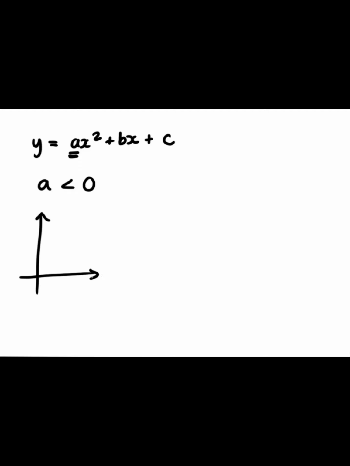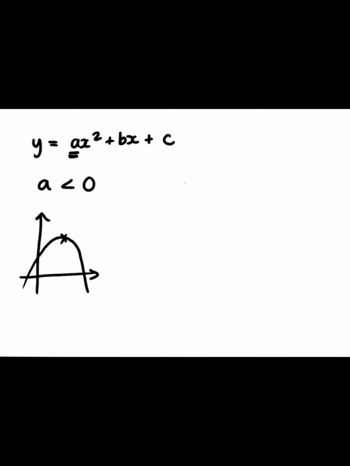So for a graph in the general form, for example y equals ax squared plus bx plus c, it all depends on what a is. If a is less than 0, so you've got a minus x squared term, your graph will have a maximum point. So it will look something like this.